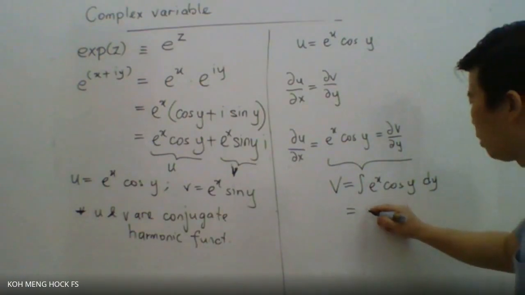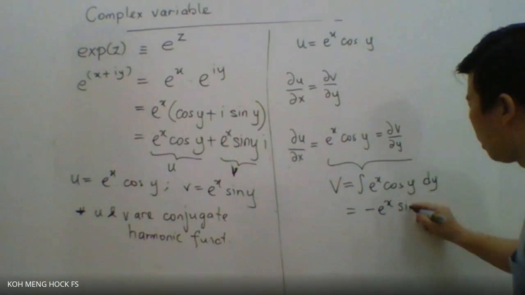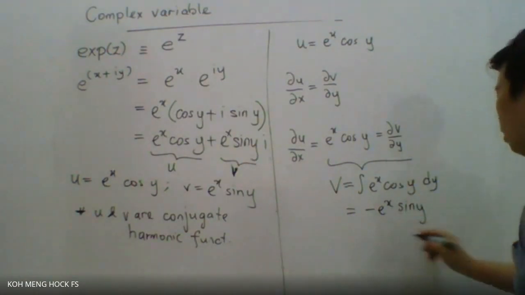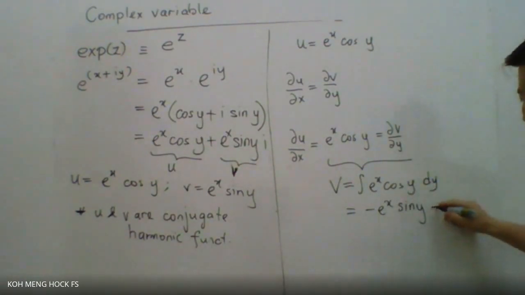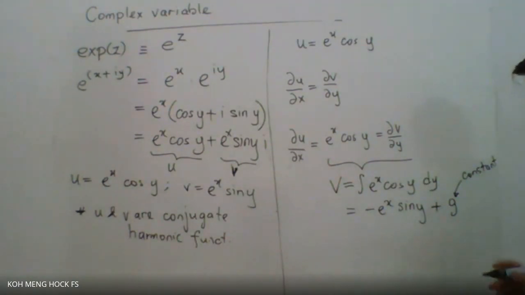This is equal to e^x sin y divided by 1, fine, and then I have g here, a constant. So this g is a constant. Now I want to find what g is.